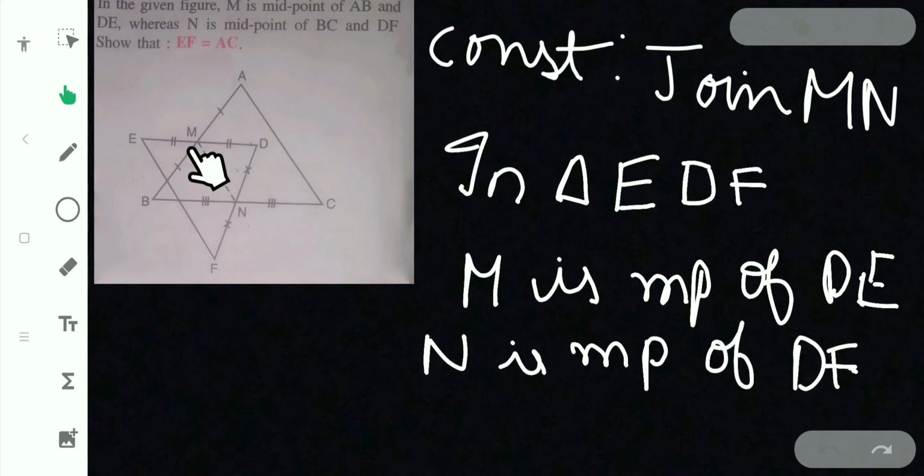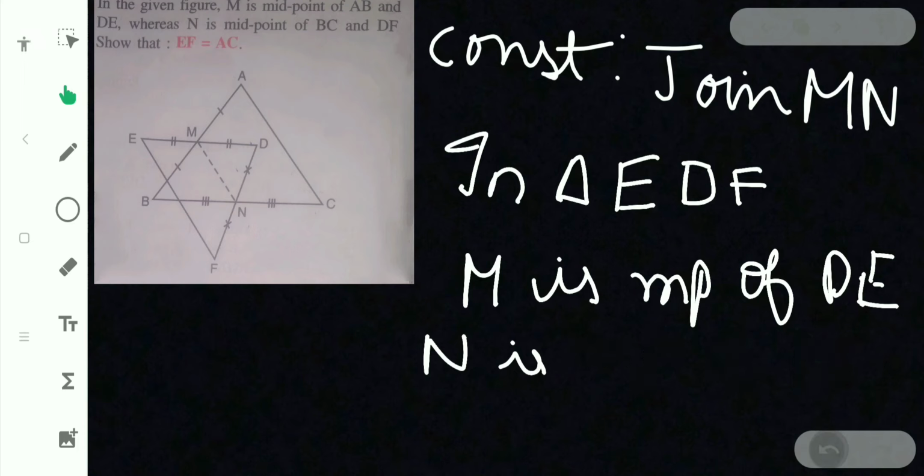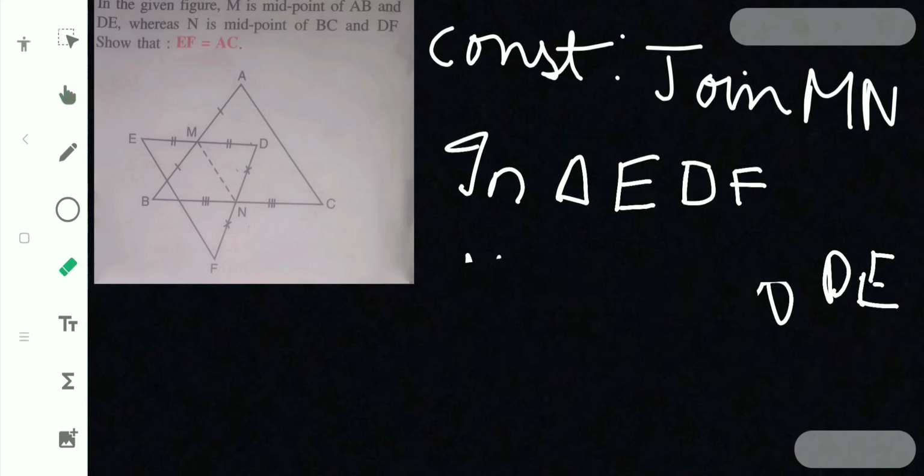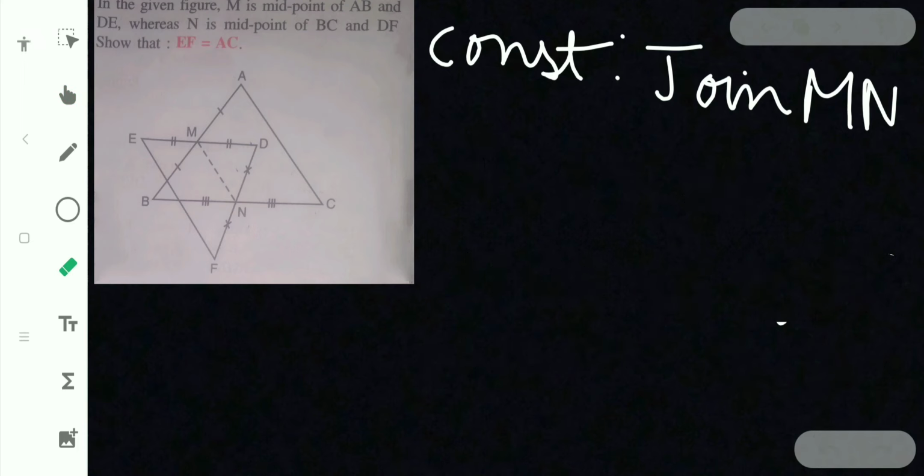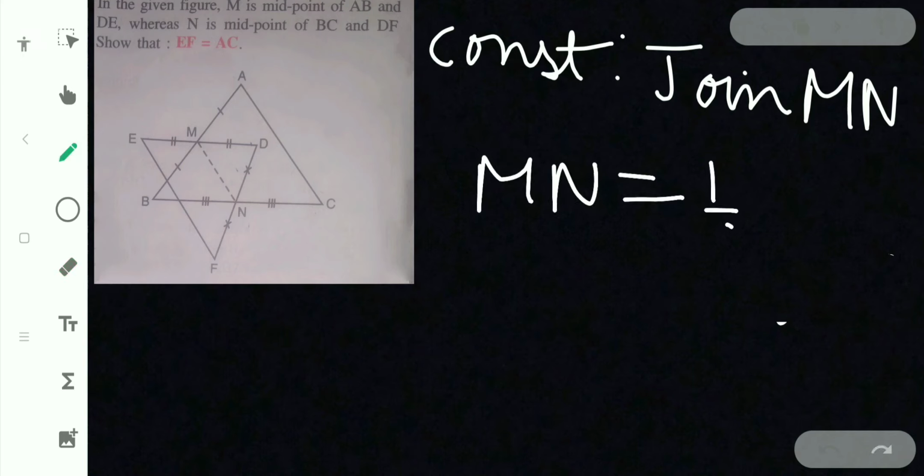So by midpoint theorem, MN is equal to half of EF and MN is parallel to EF.